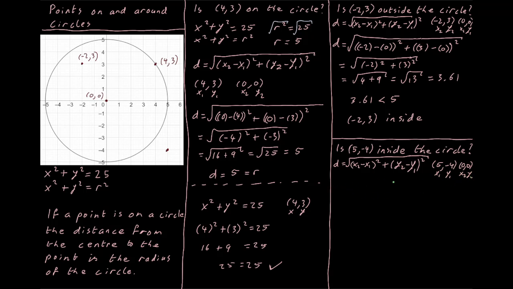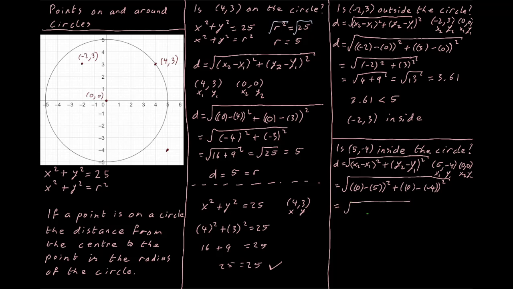It doesn't make any difference which way around you go. So we go x2 is 0 minus x1 is 5 to be squared plus y2 is 0 minus y1 to be squared, and all of that's under our square root.